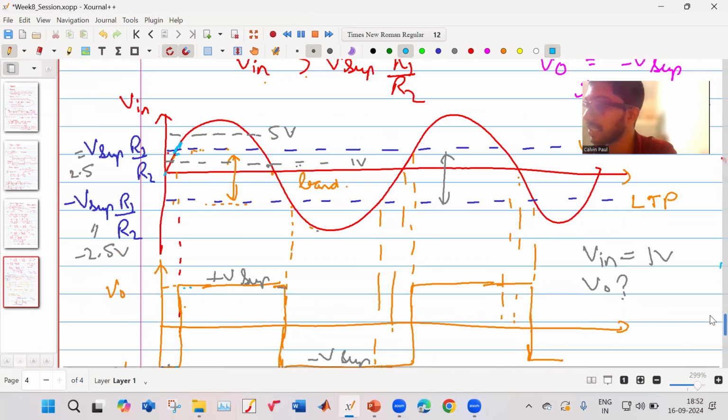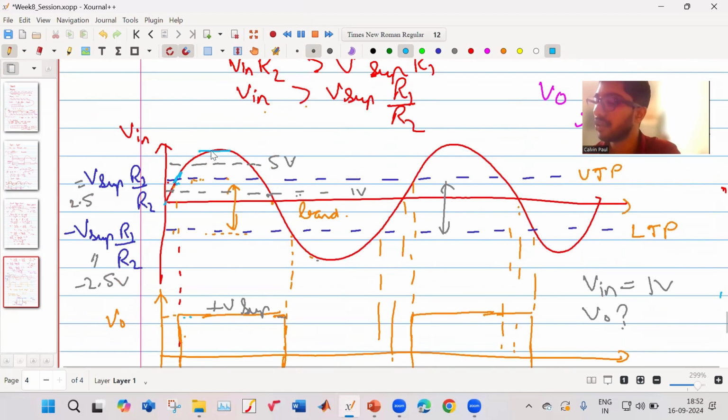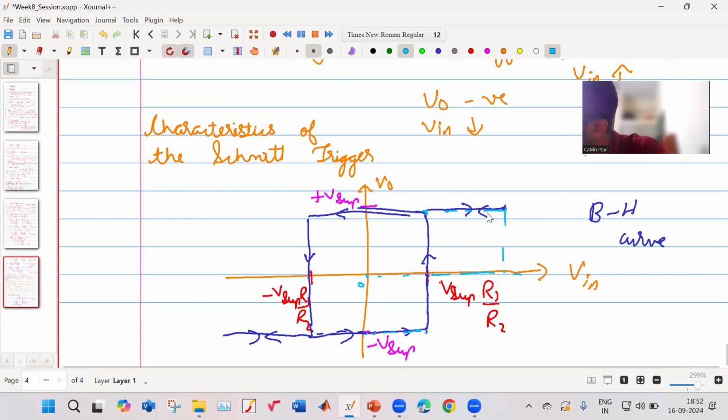So it comes to, let us say, the maximum of your input voltage. So let us say it has reached till here. At this maximum, it has reached. Now what happens is your input is reducing. It is reducing, and it reaches this upper trigger point. And it reaches this point also.